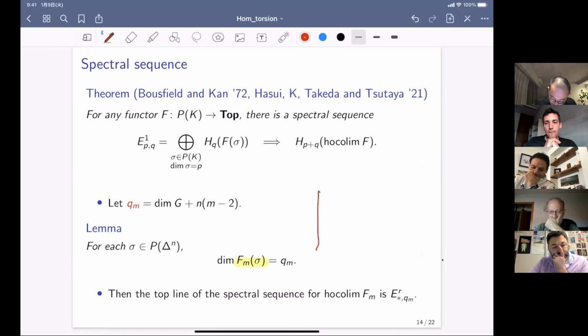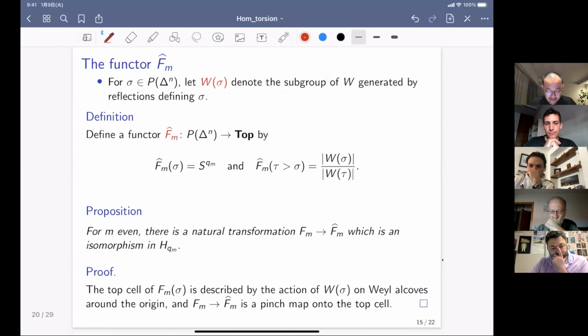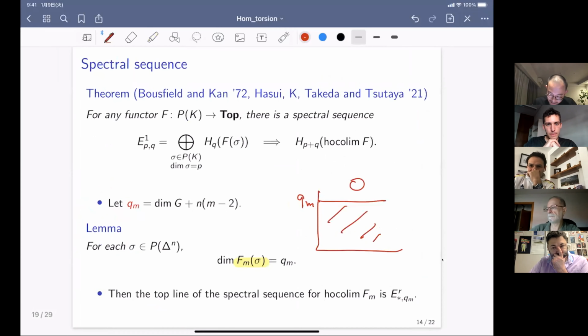Our spectral sequence is like this. But there are many non-trivial elements in this shaded part, so it's almost hopeless to compute this spectral sequence. So we need to reduce the computation.